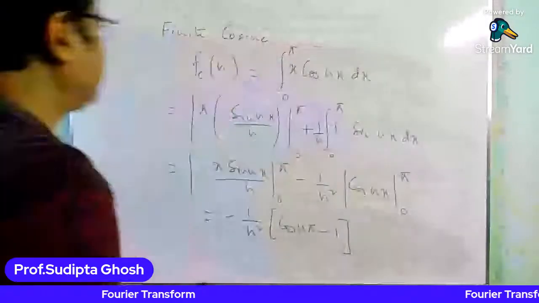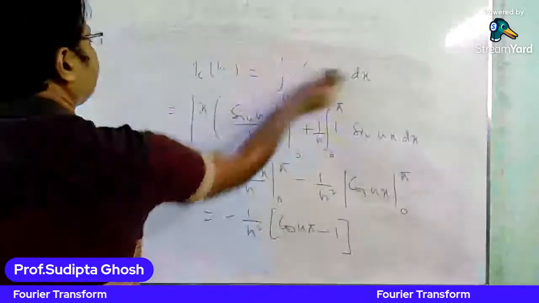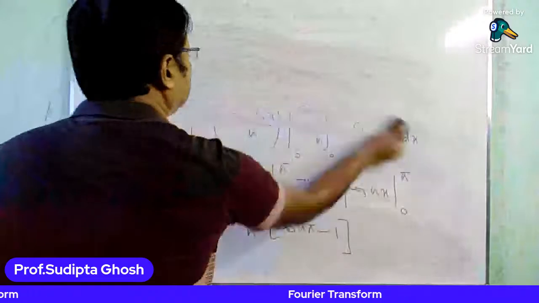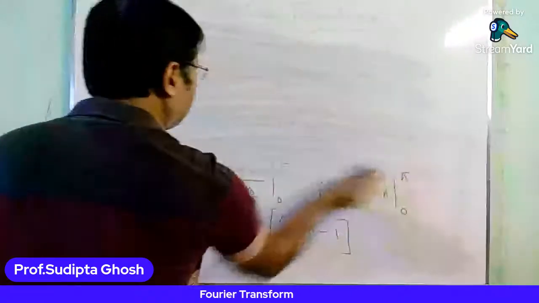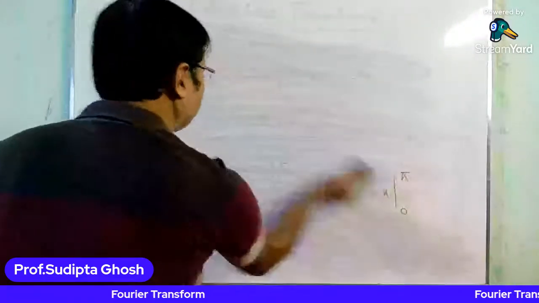So the complex Fourier transformation is the third part of Fourier transformation.